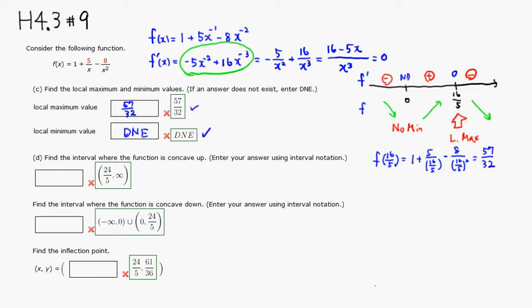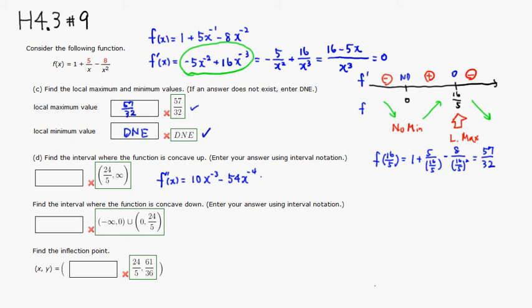So f double prime of x is equal to, put 2 in front, so it's 10 x to the negative 3 power. Then you have minus 16 times 3, and 3 times 6 is 24, so 54 x to the negative 4 power.